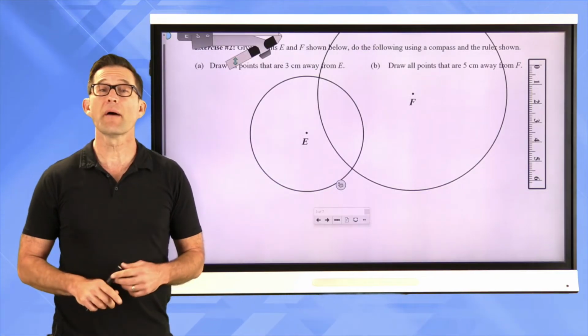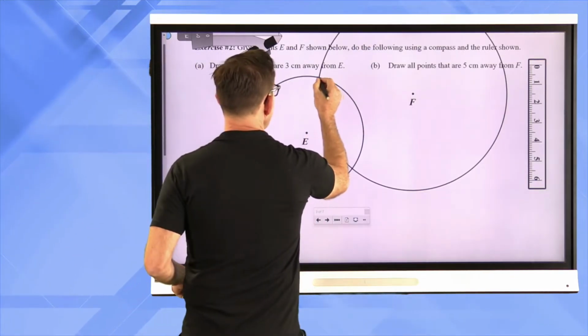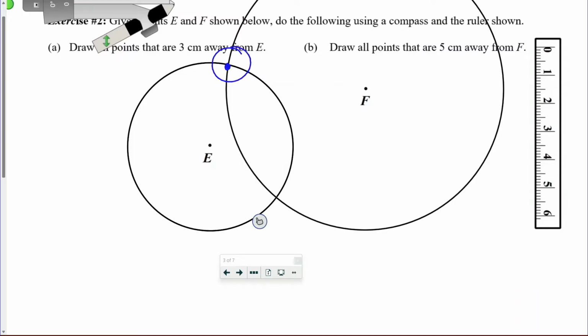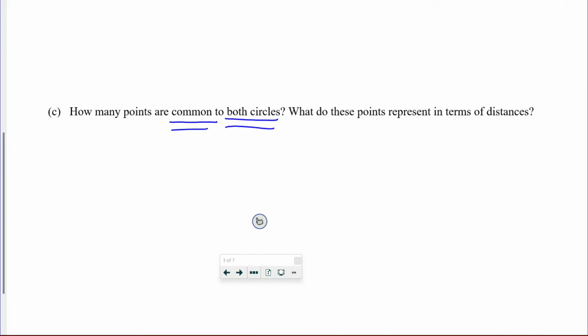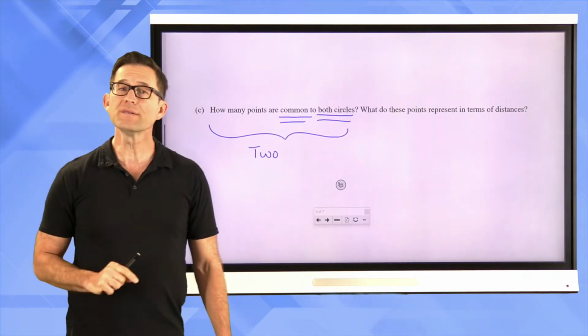Well, of course, we're talking about intersection points again, right? So specifically, this point right here, that's common to both circles, and this point right here, that's common to both circles. So the first question, how many points are common to both circles? Well, that answer is just 2. Okay, but what does that represent?